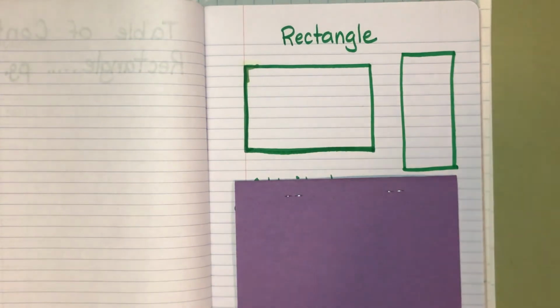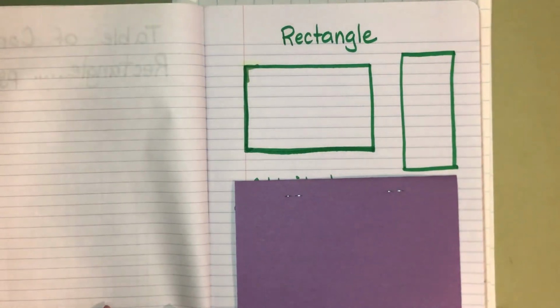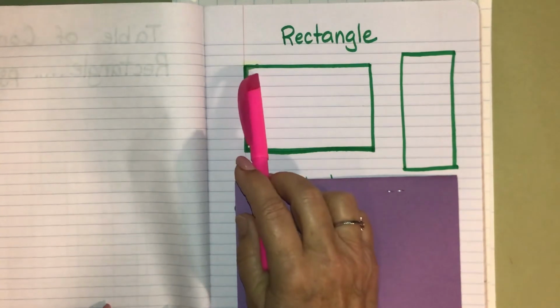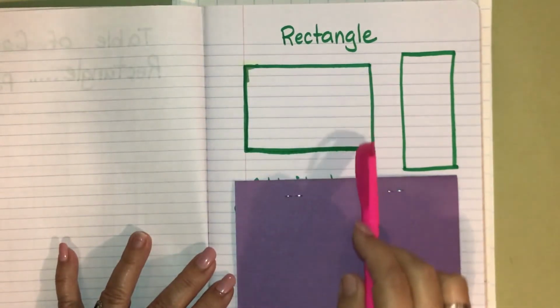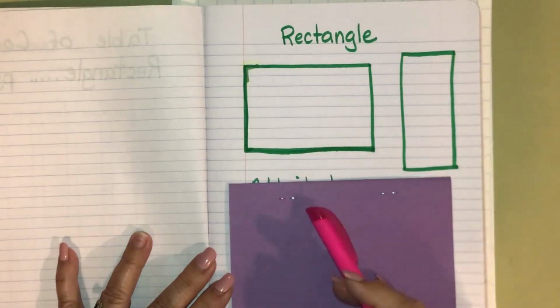Again, if you are not finished drawing those, then you just pause the video and finish. One of the nice things about having a notebook is that you've got the lines, so that might help you to make them straighter, although mine aren't that perfect. And that's okay.